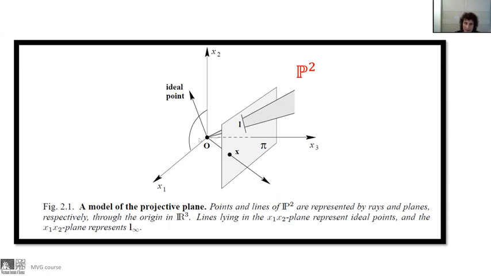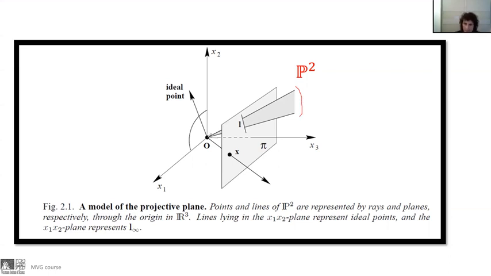Since the infinite points, the ideal points, have a third coordinate equal to 0, any ray in this x1, x2 plane is going to be an ideal point. And if you want to understand which line or which point you represent, for example, this plane, which goes through the origin, stands for some line.